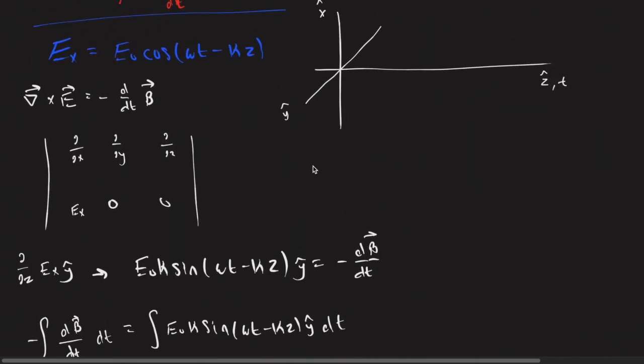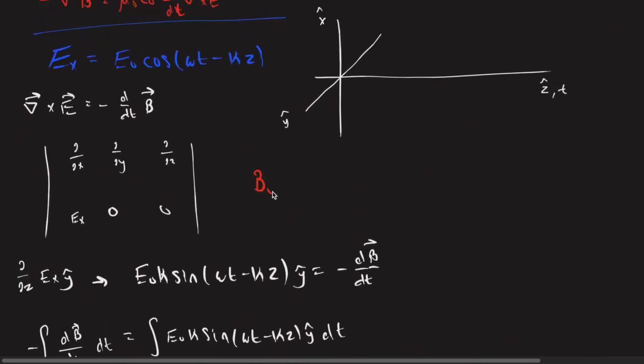We get a B which oscillates in the y direction, with magnitude equal to the initial electric field E naught divided by c, times cosine of omega t minus k z, in the y hat direction. And the electric field is in the x hat direction.